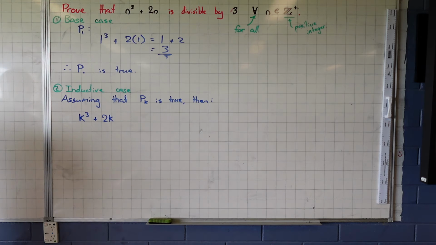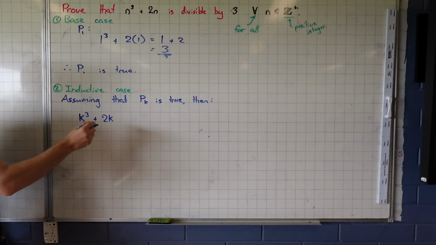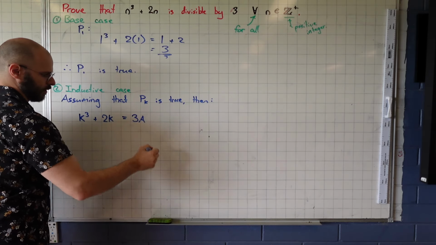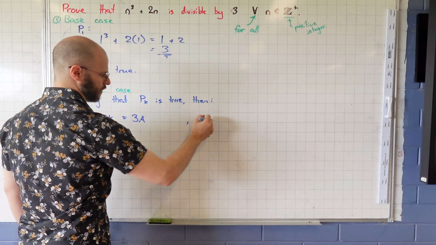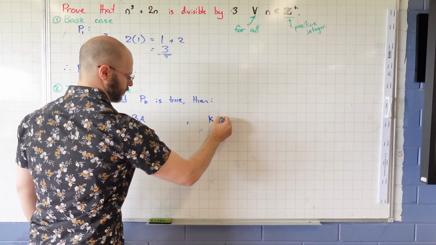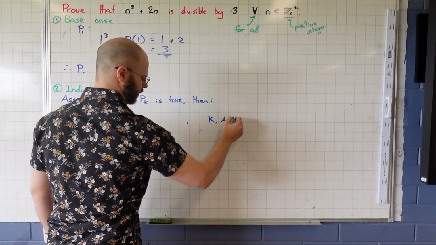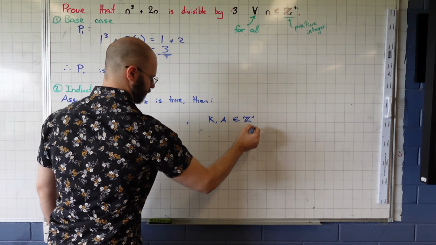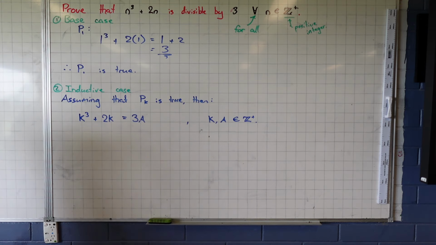Now, if this is true, what's it going to be equal to? 3a. k and a, of course, being positive integer values. Is that cool?